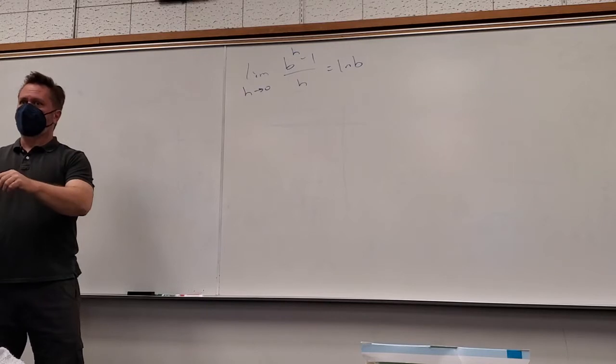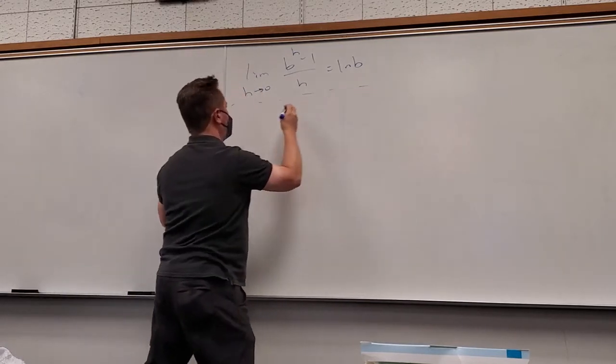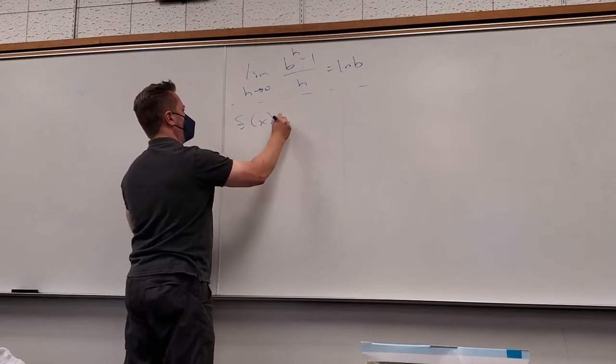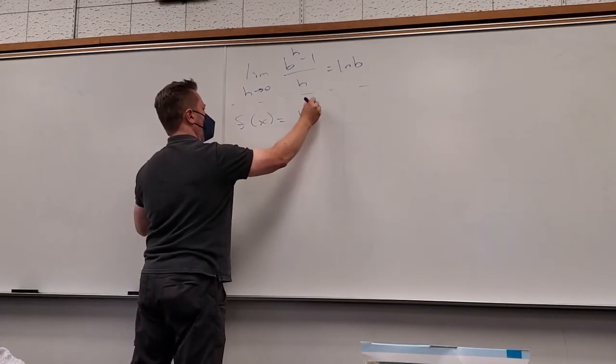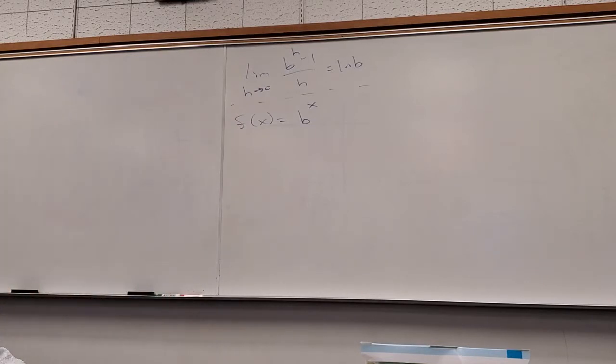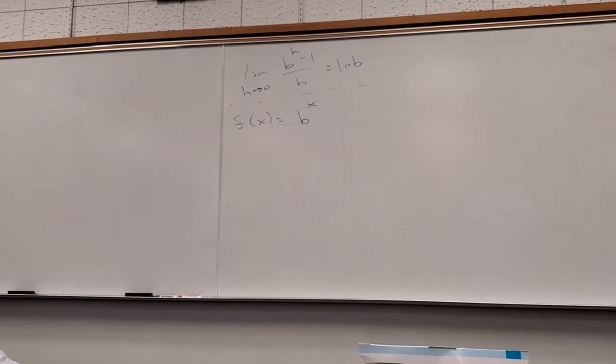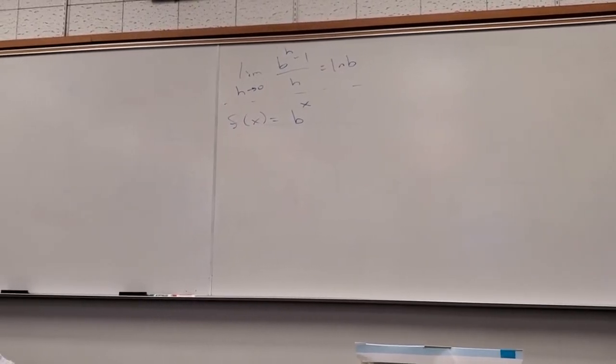Now, what does this have to do with derivatives? If we had a function, we know polynomial derivatives now, right? If the function is a polynomial, that's great. Polynomials are easy derivatives.